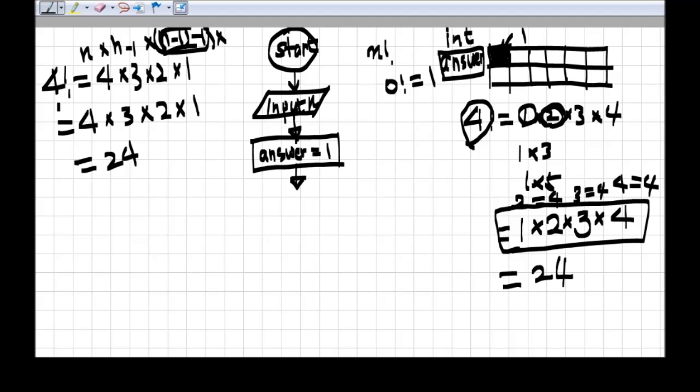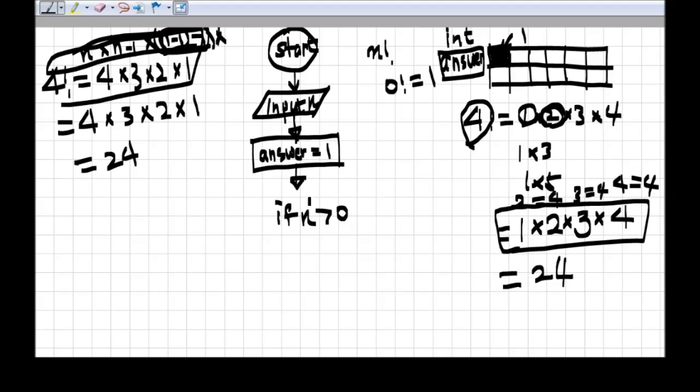Okay, so I'm going to put this into my logic. What I do is, if n is bigger than 0, then when you ask this, this is a rhombus or diamond.